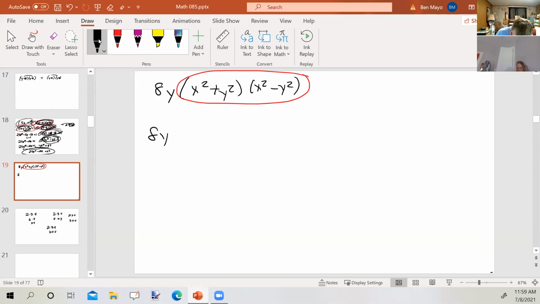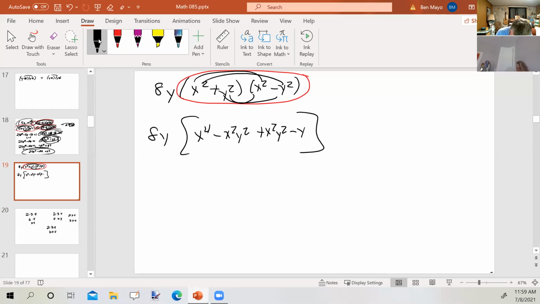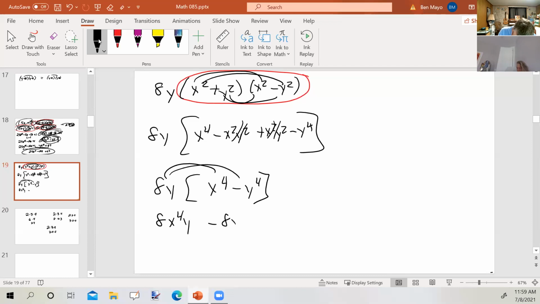I'm going to say 8y times, and then this is going to be x to the 4th minus x squared y squared plus x squared y squared minus y to the 4th. Those two cancel out. 8y times the quantity x to the 4th minus y to the 4th. Then distributing, 8x to the 4th y minus 8y to the 5th.